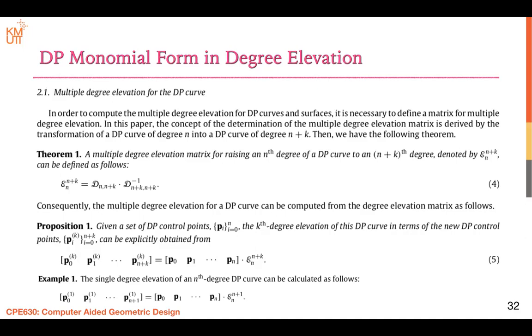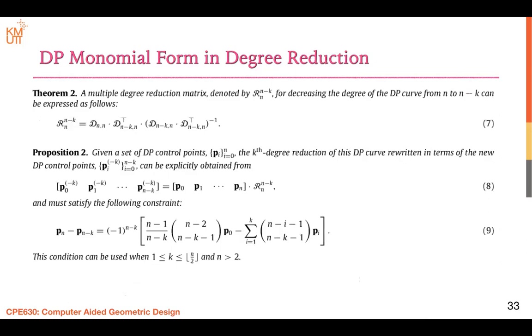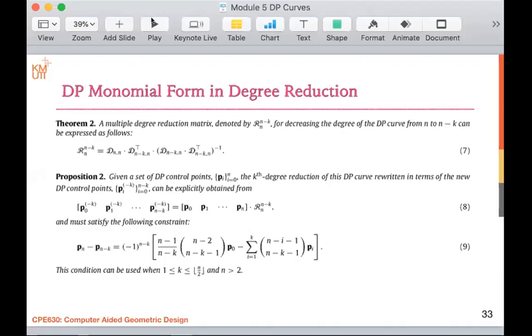Maybe just 4 pages. That's why you can see that the theorem and proposition are very short, and there are no examples, because they want to save pages.